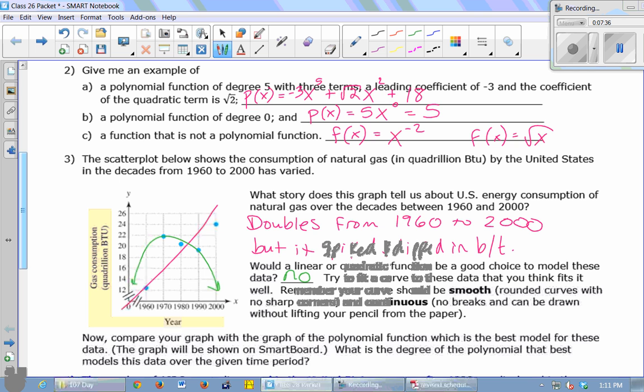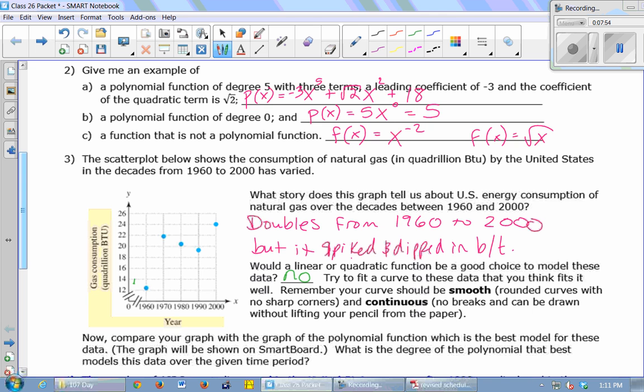So instead, I want you to try to fit a curve to these 4, 5 points. Try to fit a curve that's smooth, can't have any sharp corners, and continuous. You have to be able to draw it without picking up your pencil.